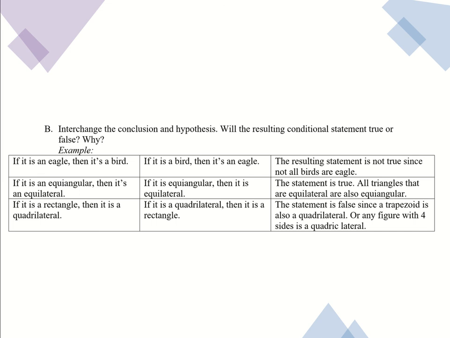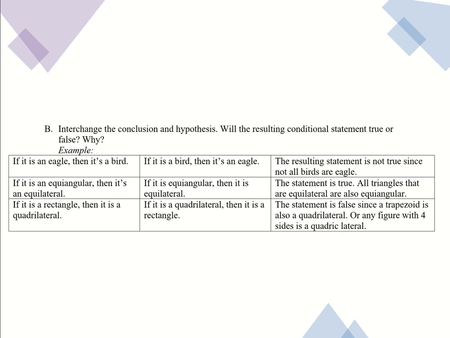Next, if it is equiangular, then it is equilateral. We reversed it. The statement is true. All triangles that are equilateral are also equiangular. So, they are vice versa. They are true. If it is a rectangle, then it is a quadrilateral.